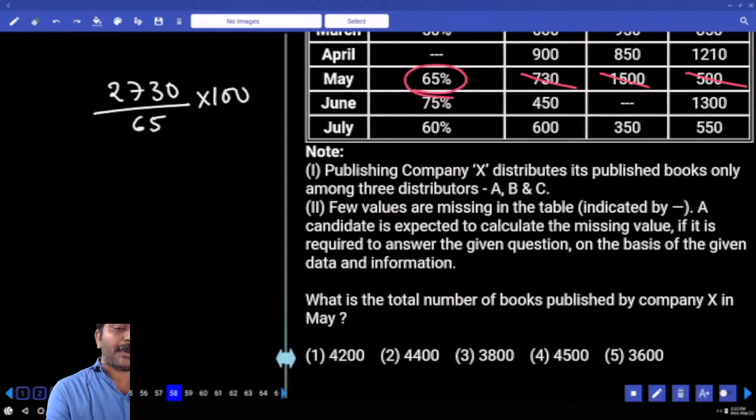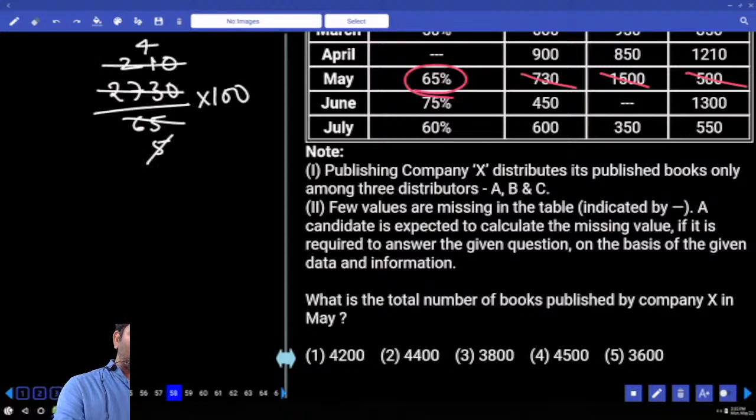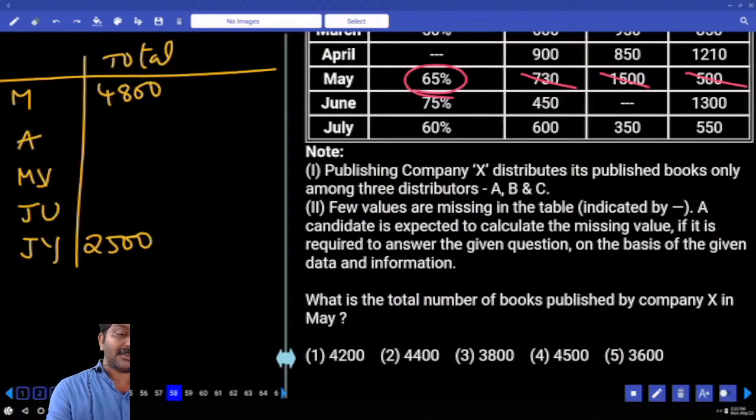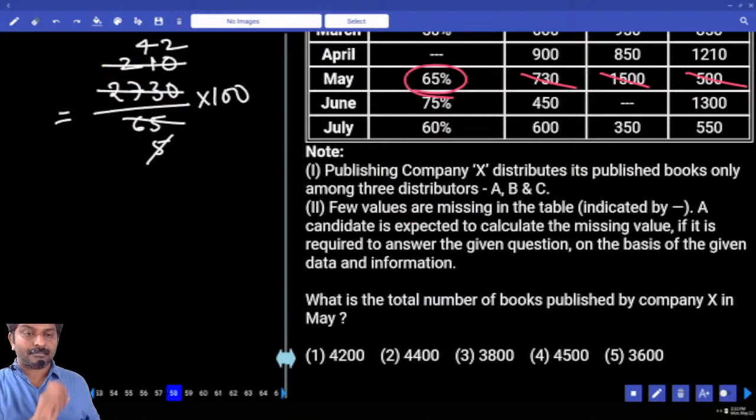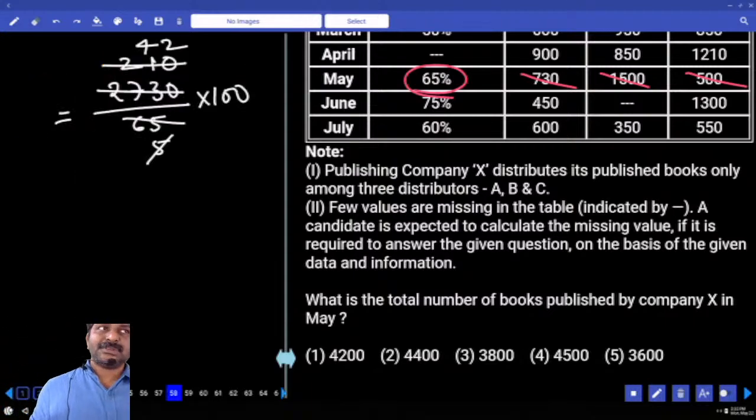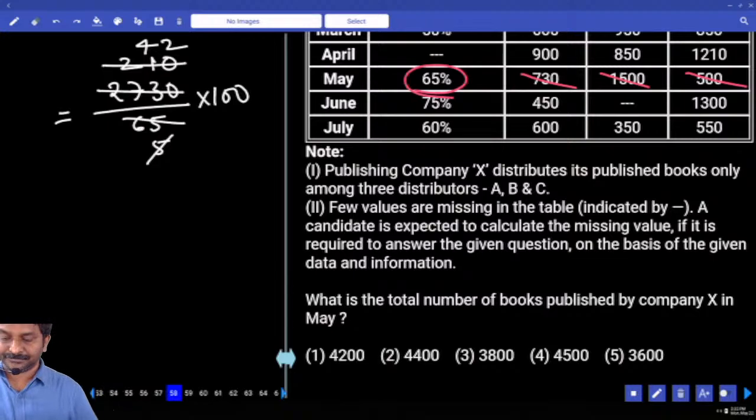We need total books published, which is 100%, right? 13 times... 40 into 100, 4000. In the month of May 4200 were published. 2730 by 65 into 100.